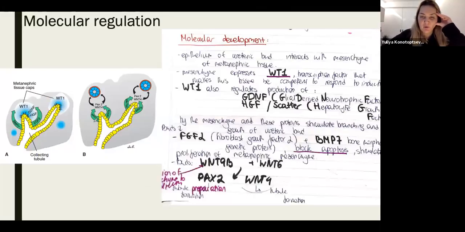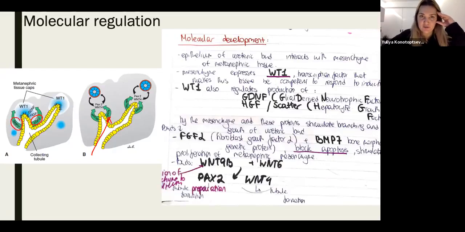So we have to answer a question: why does metanephric tissue not undergo apoptosis? Why is it actually staying alive? It is staying alive because of the ureteric bud, because it invades the metanephric tissue. So how does it stay alive? Because the collecting tubules of the ureteric bud secrete growth factors, such as fibroblast growth factor 2 and bone morphogenetic protein 7.